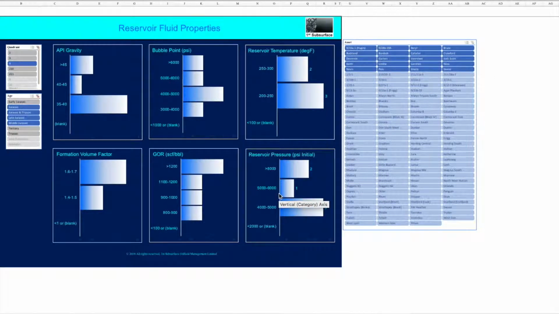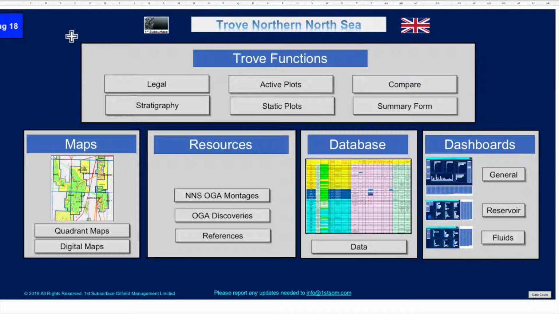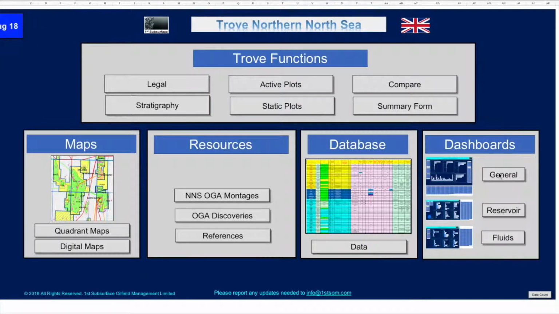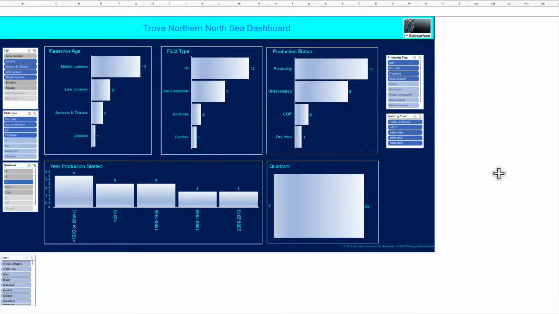So again, we're looking at those, and we can use those same parameters and those same selections that now fall across into our reservoir properties and indeed into our general dashboard properties. So we're seeing all the information, and we can turn some of them off.